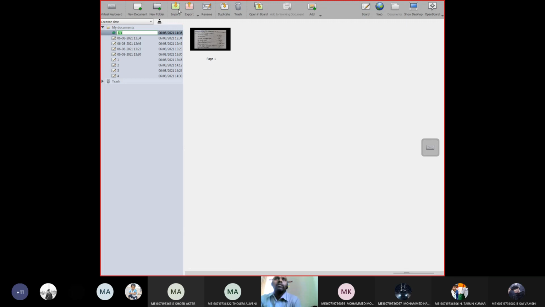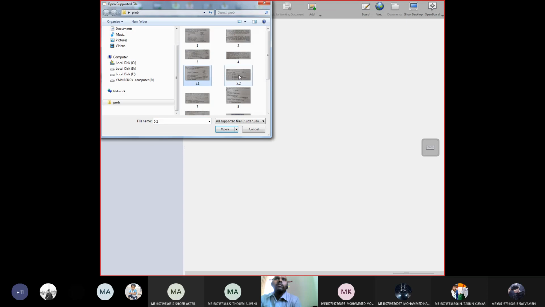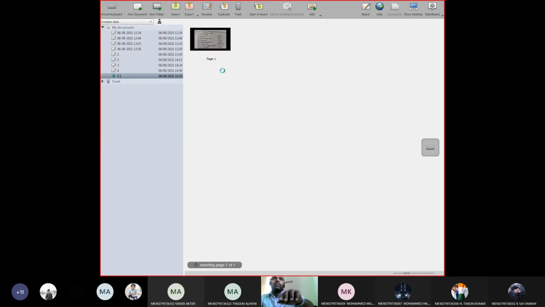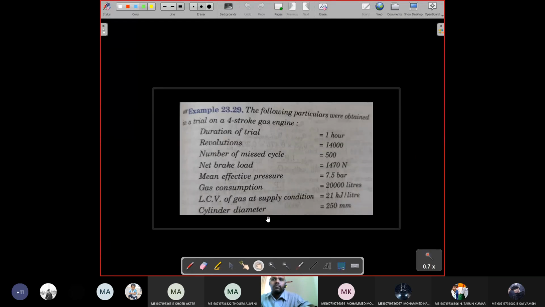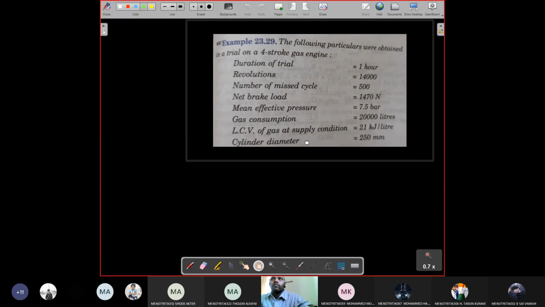Actually, it is two parts. Just go through the data. The following particulars are obtained on a trial on a 4-stroke gas engine.